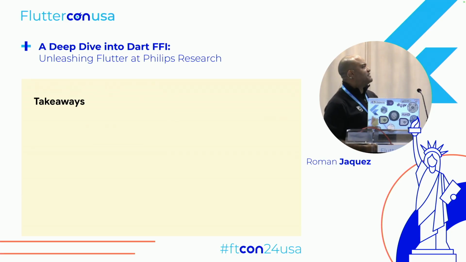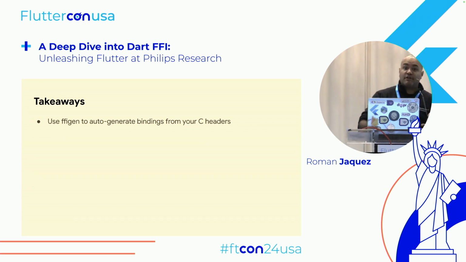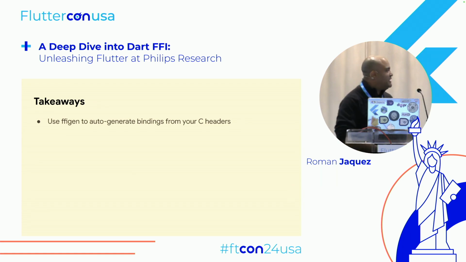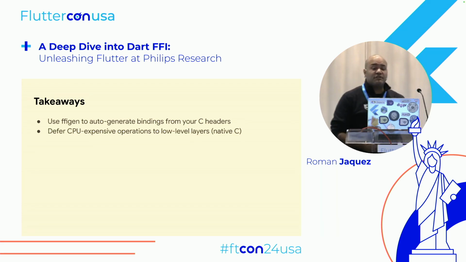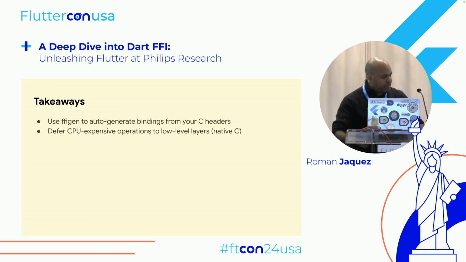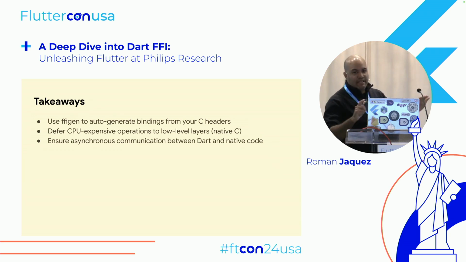So some of the takeaways, of course: you use FFI Gen to auto-generate your bindings from C headers. Remember, if you have legacy implementations like we do, if you have C++ headers, you're going to have to create that thin layer of C headers so that you can establish the communication. Defer CPU-intensive operations to low-level layers, such as C, C++, or Go, Rust, or whatever. You ensure asynchronous communication between Dart and native code.